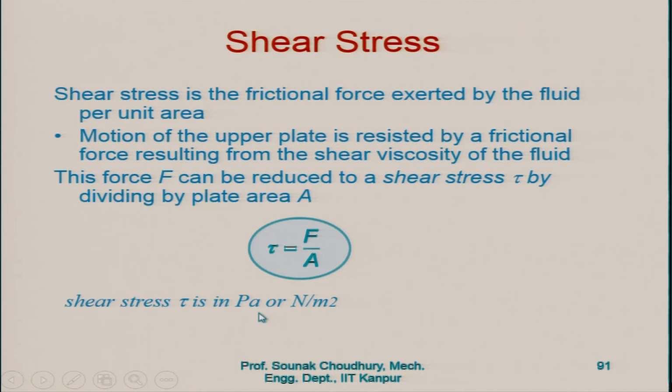Sometimes we find that this is also given in megapascal, because the value of this stress is very high, and therefore it is expressed in megapascal. Same thing, Pascal or megapascal. Pascal is expressed in terms of Newton per meter square. So, in that case the force is in Newton and area is in meter square, obviously.